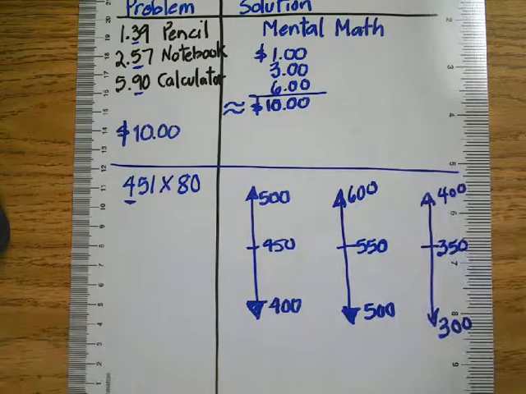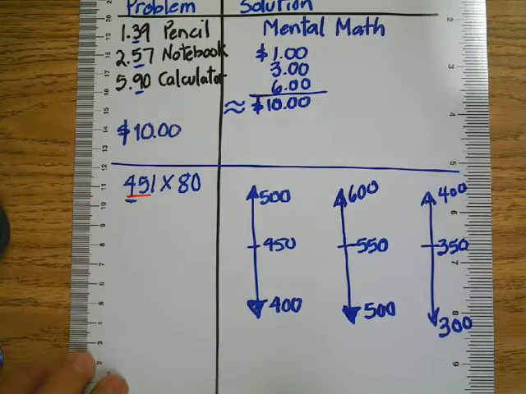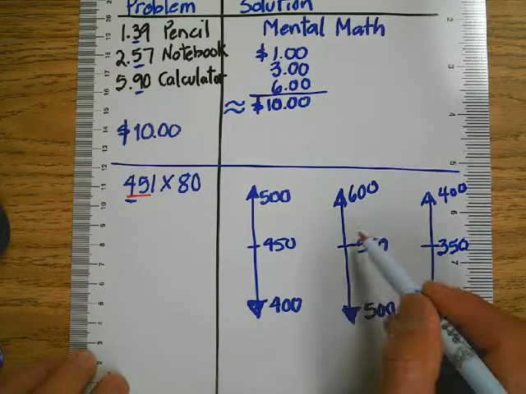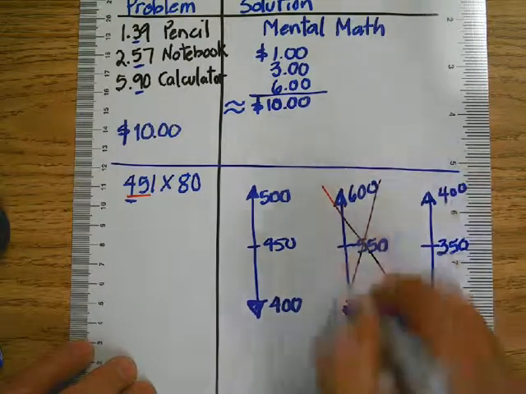Now, in one of those, the number that we are rounding is in between. The number is 451. Look, 451 is not here. So this will not work because we have the wrong numbers.